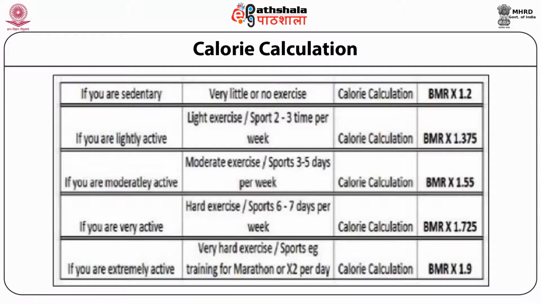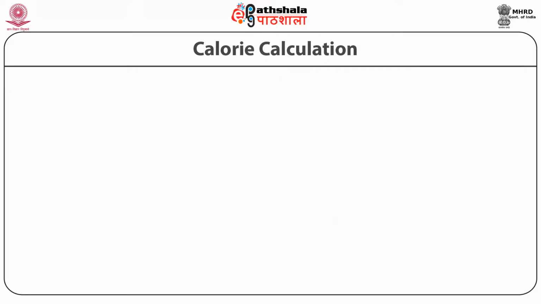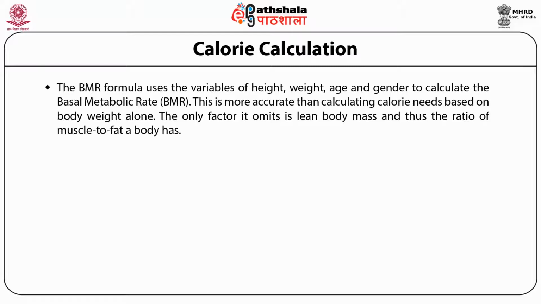If you are very active, it is BMR times 1.725, and if you are extremely active, it is BMR times 1.9. The BMR formula uses the variables of height, weight, age, and gender to calculate the basal metabolic rate.